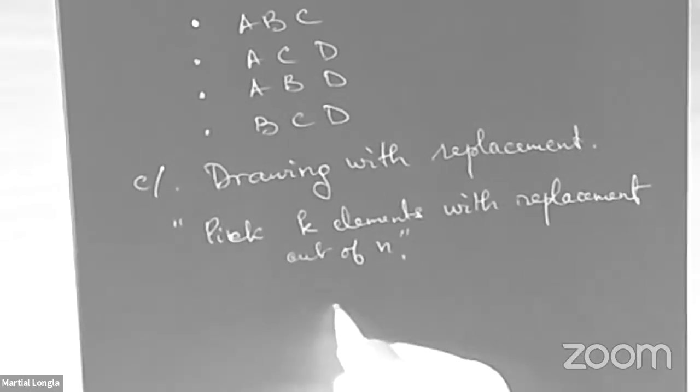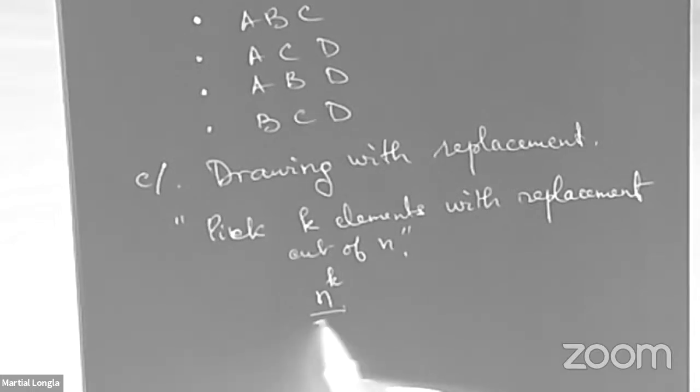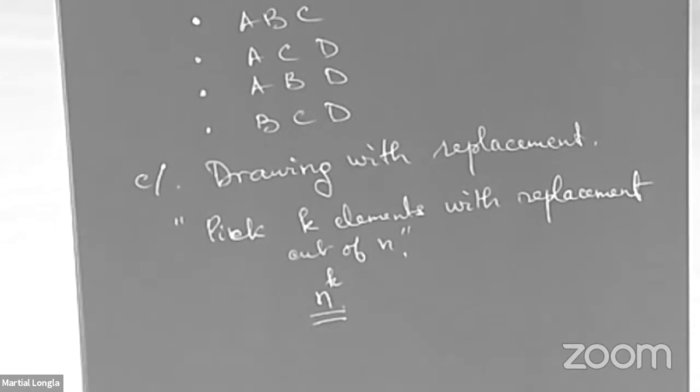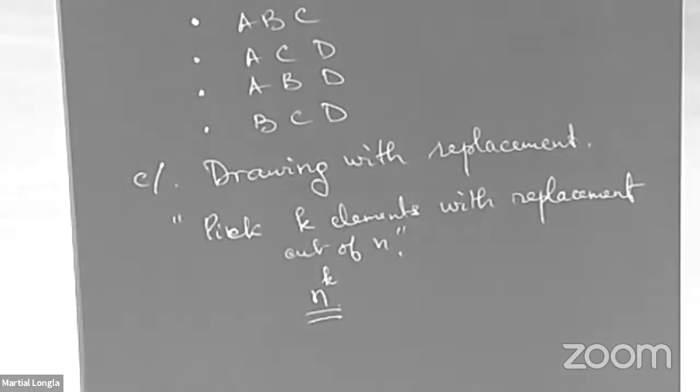And the answer is n raised to the power k. Why is that? Because when you want to pick the first element, there are n. You want to pick the second, there are n because you replace, you put it back there. You want to pick the third, there are still n. And you multiply them k times, so you have n to the power k. All right?